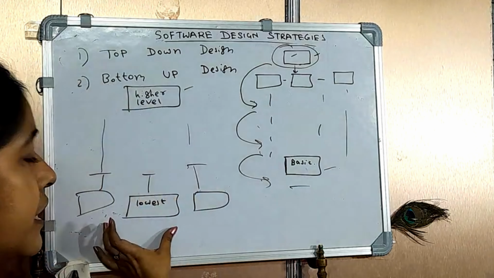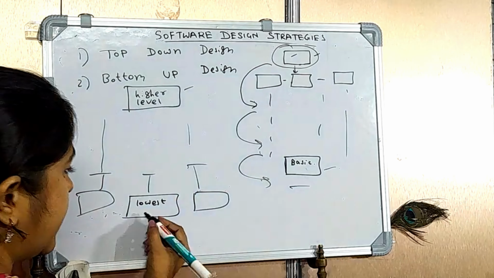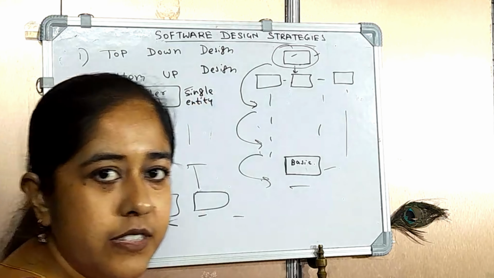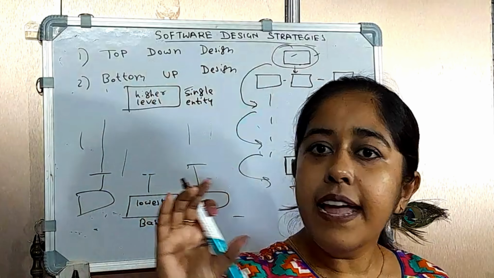Here, from these basic components, obviously many components are there, you go on attaching them, and the abstraction goes on increasing in level. You go on merging from this to this until you get the single entity, that is your whole system. This is your higher level function, the highest level.